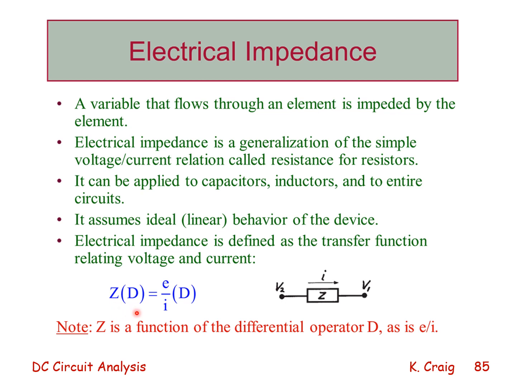It's the differential operator, but we treat it just as we do any variable in algebra. So there are no derivatives or integrals or differential equations. So the impedance is voltage over current, and for a resistor, it's a constant, resistance R. However, for an inductor and capacitor, we will see it is a function of this differential operator.